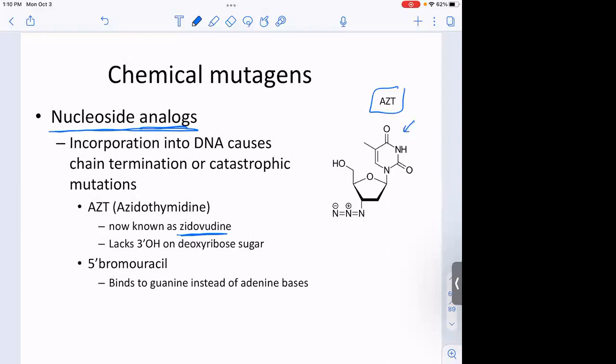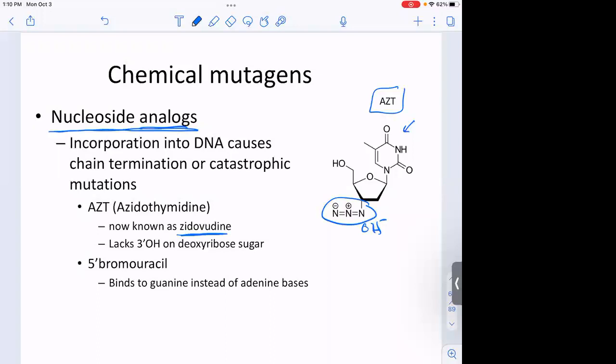It's got the thymine nucleoside and deoxyribose. It's almost deoxyribose, except instead of that 3' hydroxyl group, there's an azide group. Okay, three nitrogens bonded together there. So when this incorporates into DNA, viral DNA polymerases are usually much less discriminate.